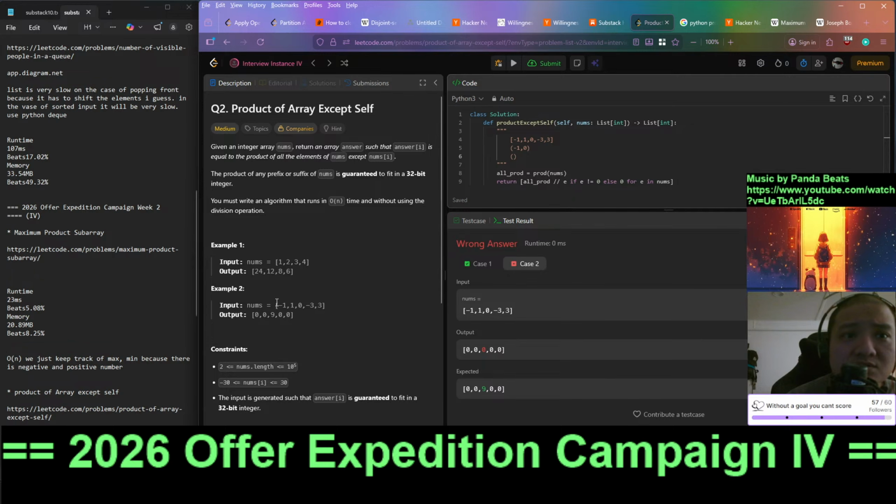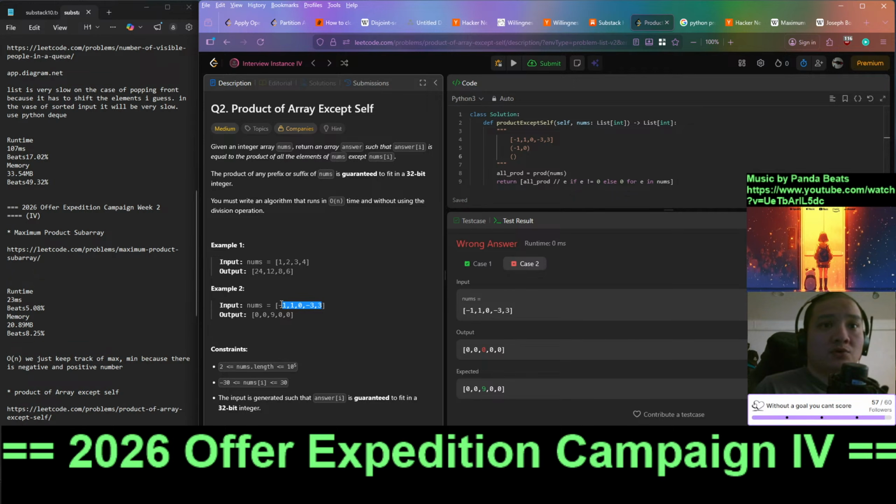See, all of these are already multiplied by 0, right? So somehow we can say, okay, don't multiply by 0, then that'd be great. So negative 1 multiplied by 1 multiplied by 0 multiplied by negative 3 multiplied by 3, right?